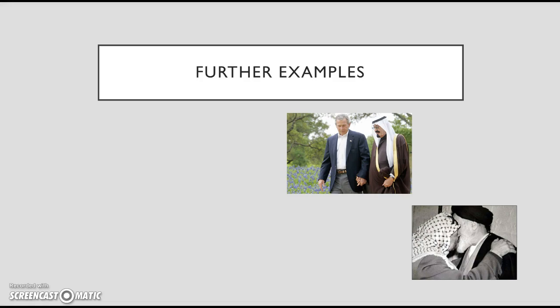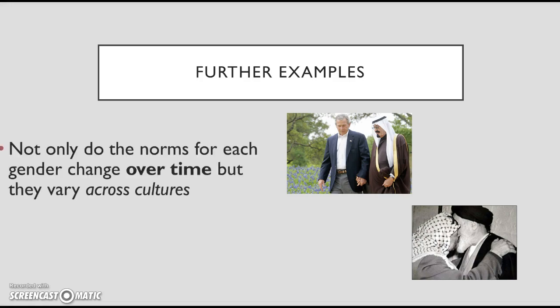If you're close friends with somebody, it's perfectly acceptable to hold hands or embrace each other as you walk down the street. People even sit on each other's laps as a way to demonstrate friendship and closeness. So this teaches us that not only do the gender norms of a society change over time, but they also vary across cultures.